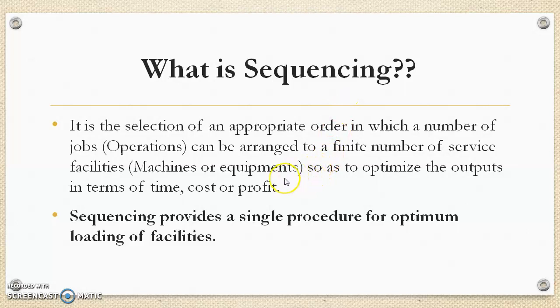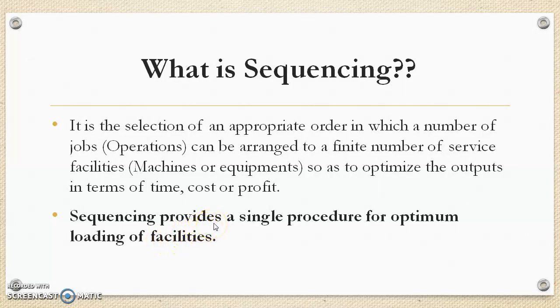So basically job sequencing comes under batch production. Under such situations, it is required to select a preferred order of products passing through a workstation. The problem becomes complicated when there are several workstations, when there are several loading facilities.